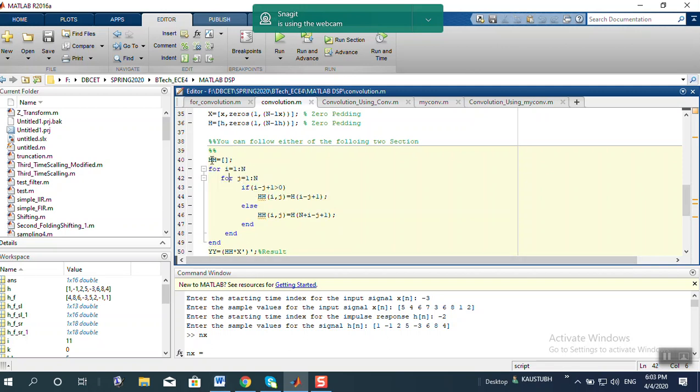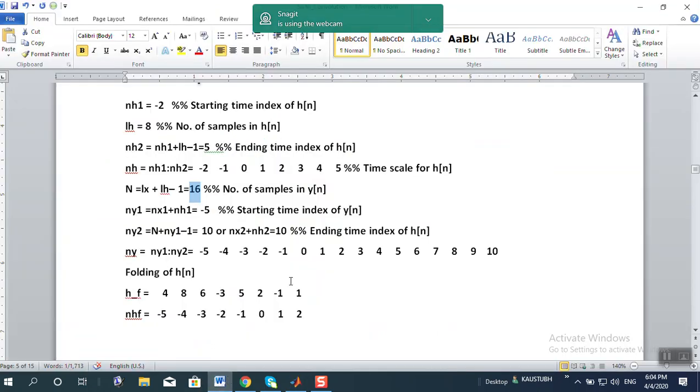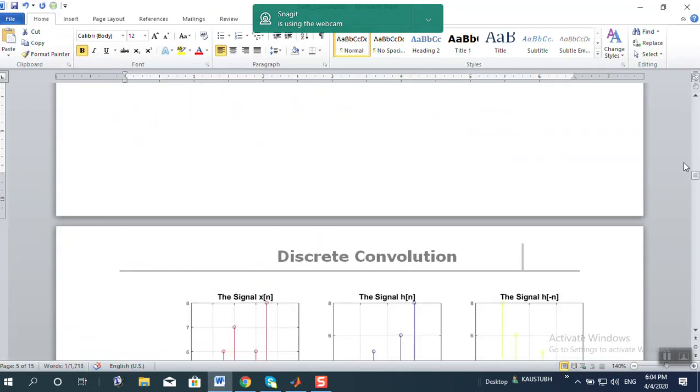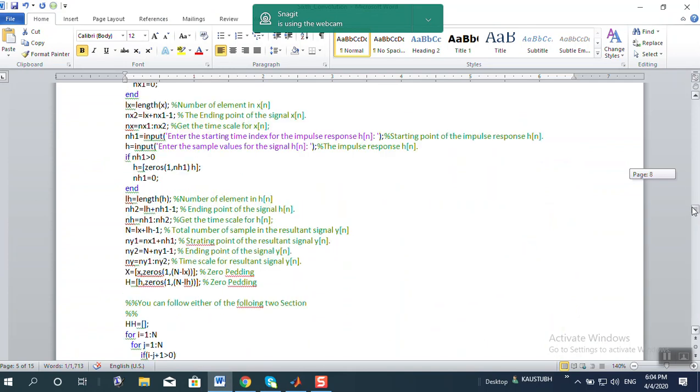First, as you see, this H, the blank matrix, for i equal to 1 to n, for j equal to 1 to n, this particular logic loop will create the matrix something like this. I'll just show you here how it is actually creating.